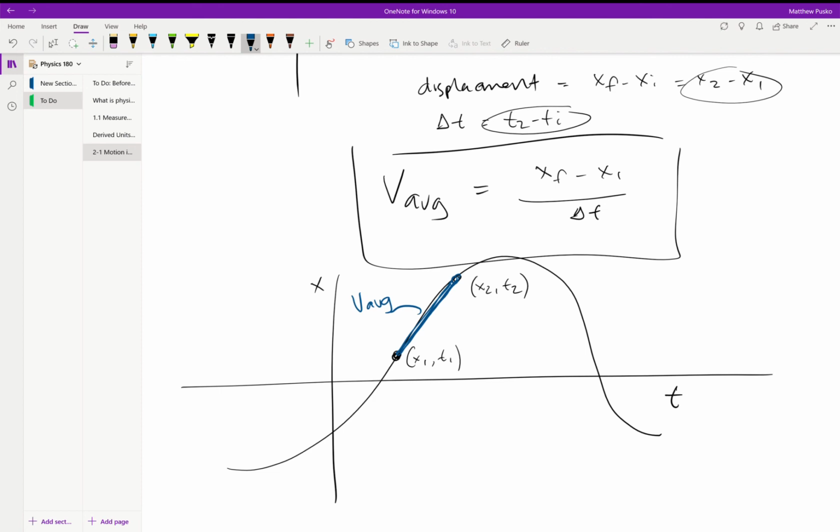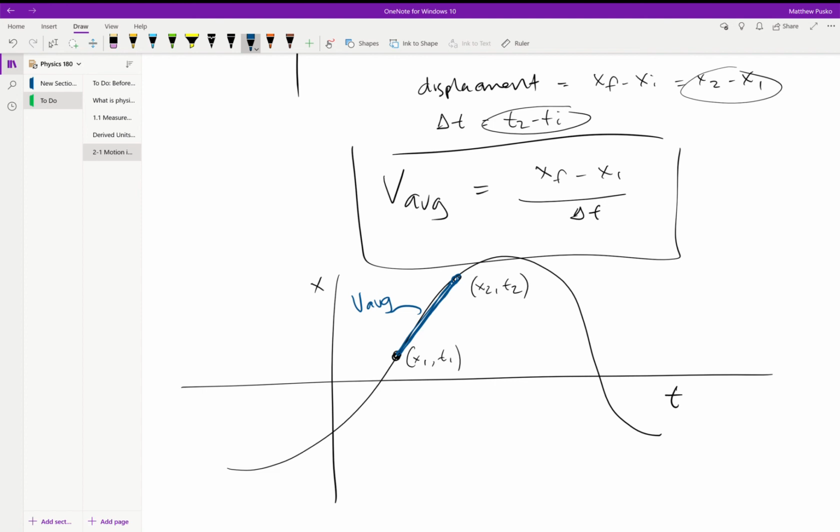Alright, and in a little bit we'll learn that if we shrink down that time interval, we're going to get to the instantaneous velocity, or the limit definition. But for now, if they ask for the average velocity, there you go. You just need 2 points and the time difference between how long it takes to get from one point to the other.